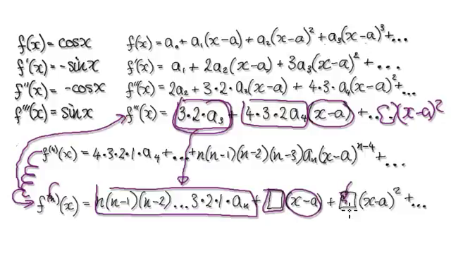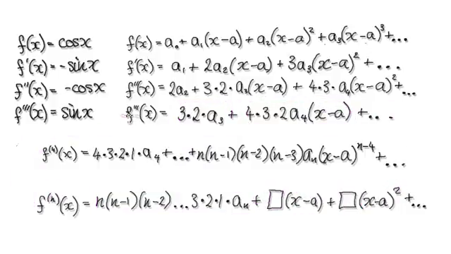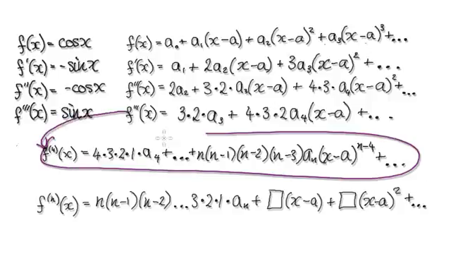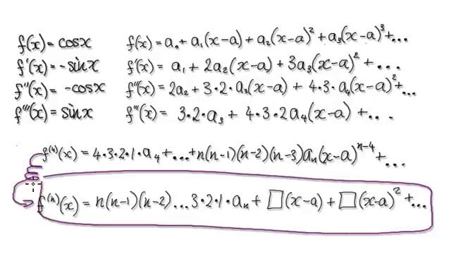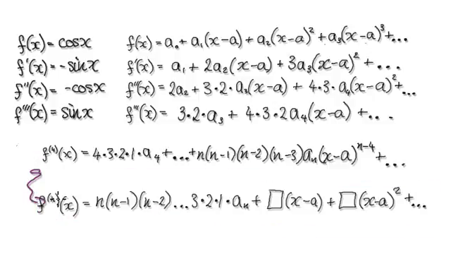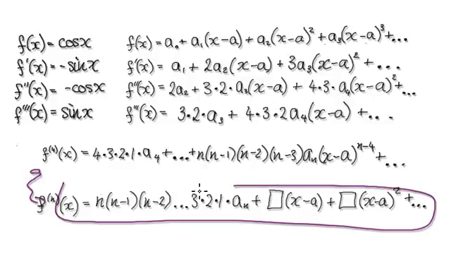The point is that if you keep on differentiating four times, that will take you to here, and if you keep on differentiating, that will take you to here. You might have to press pause and think about it. So if you keep on differentiating it, you will get to here.